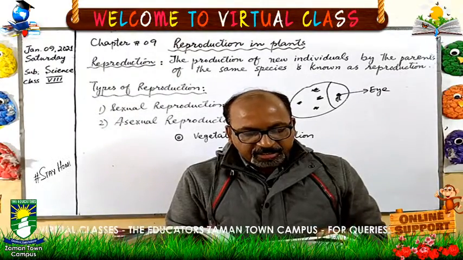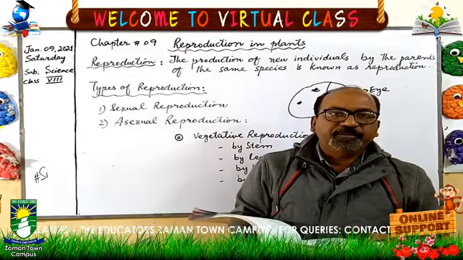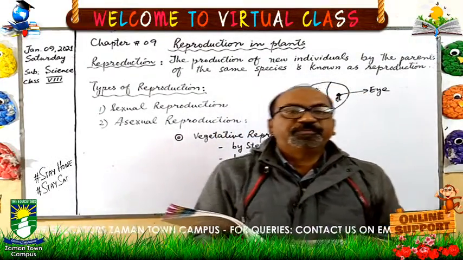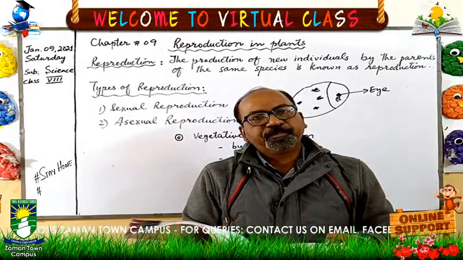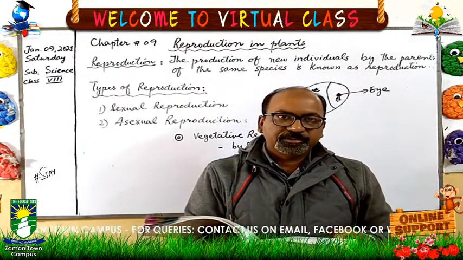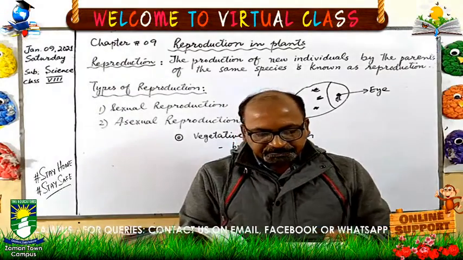And gladiolus also has a bulb. Gladiolus is a flower, and the name of the flower in Urdu is sosan. So gladiolus also has bulbs, and from these bulbs new plants arise.